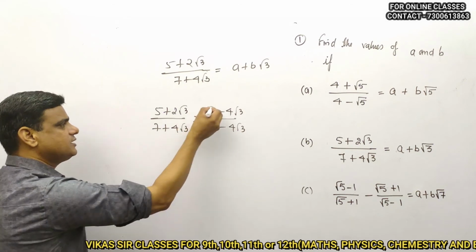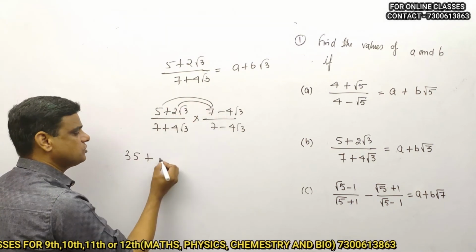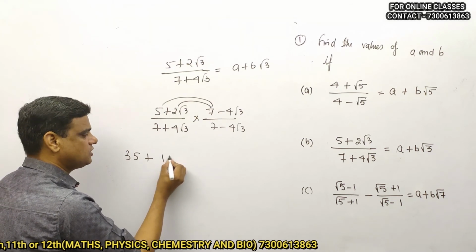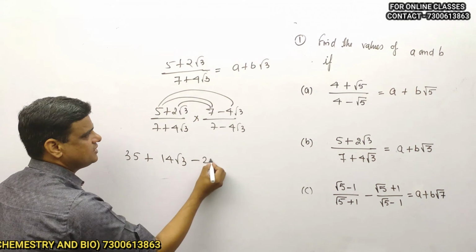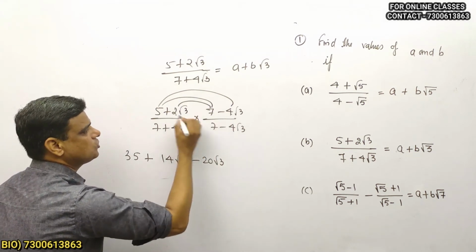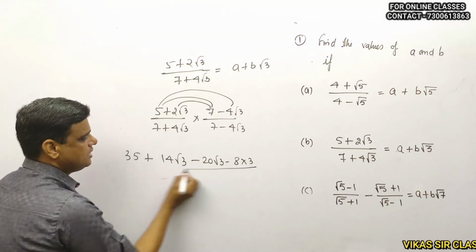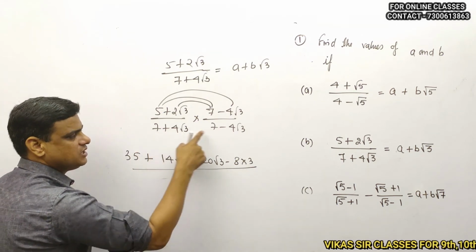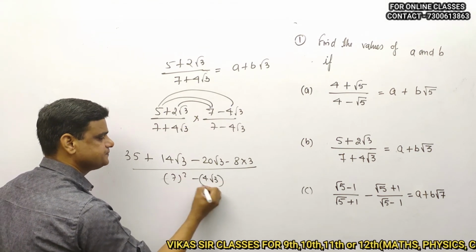If you solve it, 7 5s are 35 plus 7 4s are 28 root 3... 7 times 2 is 14 root 3, 4 5s are 20 root 3 and 4 2s are 8 root 3 into 3 is 24, upon a plus b into a minus b is a square minus b square.